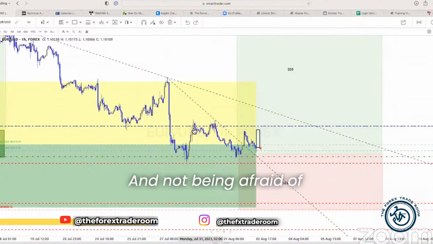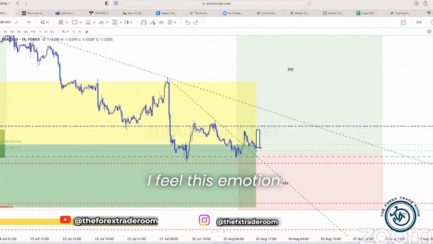And not being afraid of losing a trade because losing a trade is going to happen, right? And so when we feel that fear of loss, we want to revert back to our rules and we retrain our brain and change the words that we're telling ourselves, right? Change the words that we're telling ourselves.